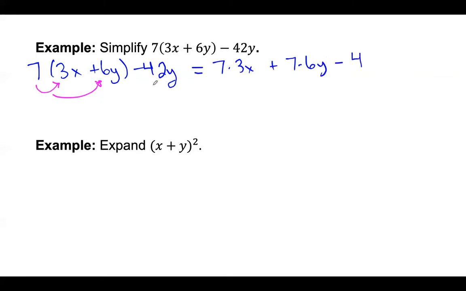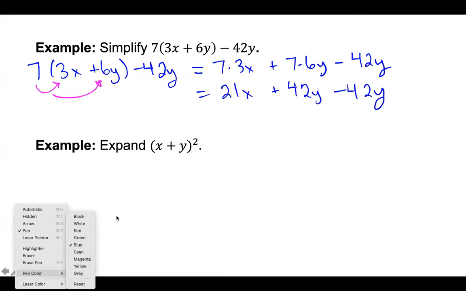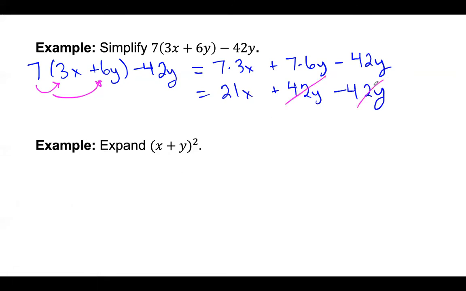And then we copy down the 42y. We multiply this out, 21x plus 42y minus 42y. And we see, of course, things cancel. So this and this will cancel. And we're left with 21x as our final answer.